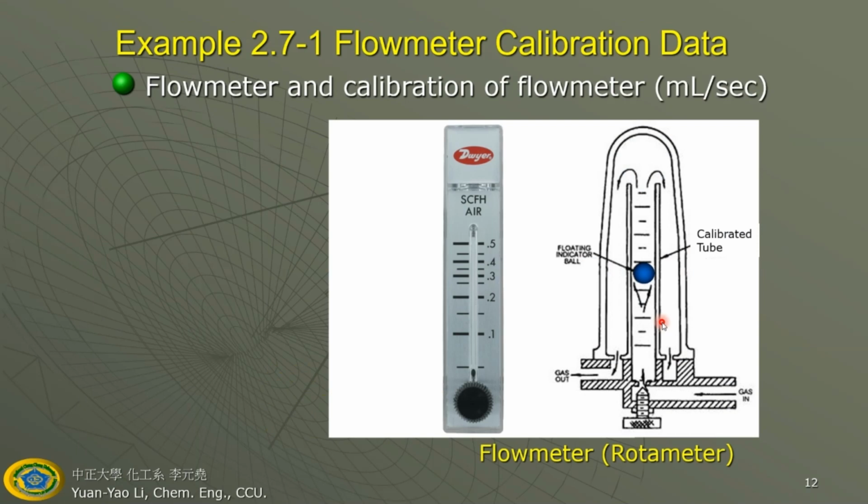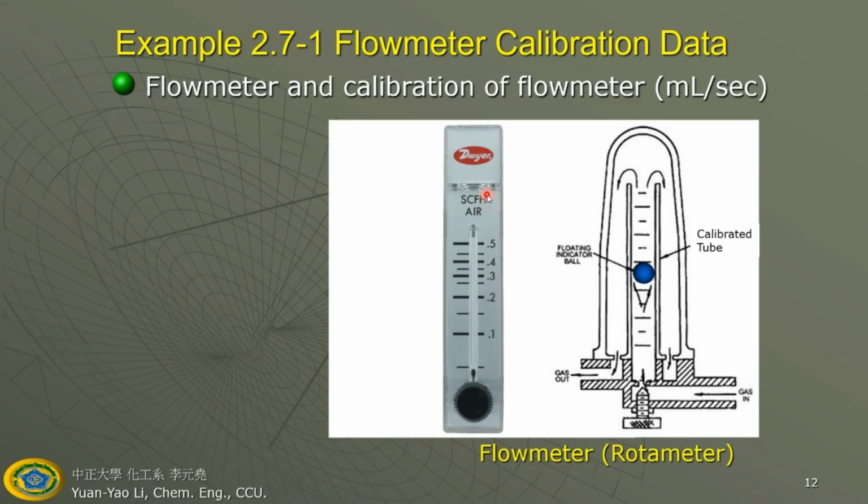So this is the rotameter we need to know. Once we have a rotameter, this is the float, and the float goes up, and this is the reading, right? And what is this? SCFH is called standard cubic feet per hour. Feet is a volume, hour is time.